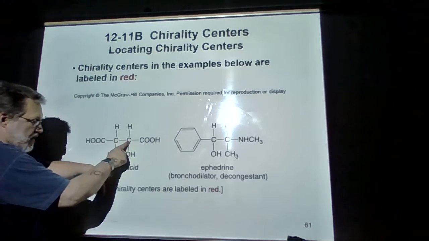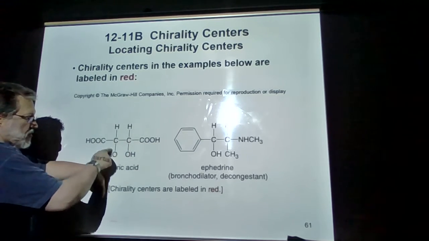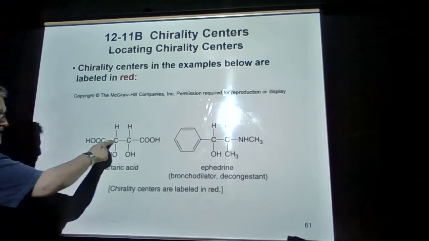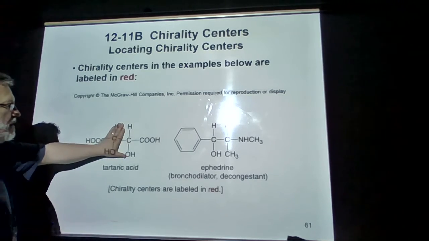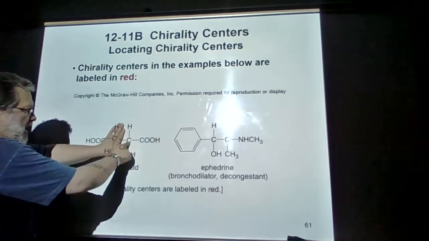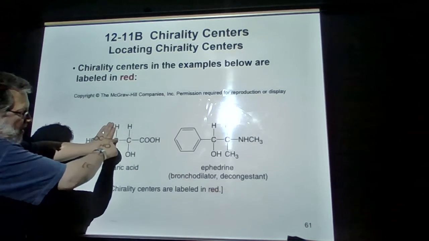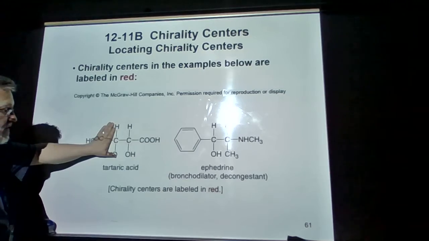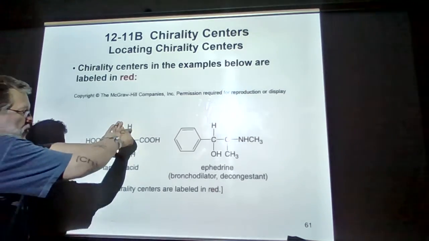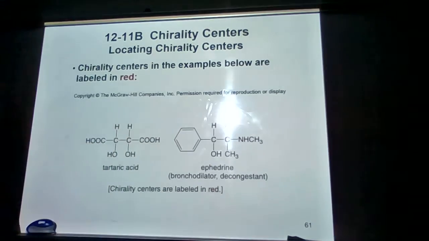No, it's just a carbon. So there are 1, 2, 3, 4 different things bonded to that carbon. This carbon is bonded to an H, an OH, a C double bond OH. Is this another C double bond OH? No, it's not. This carbon is bonded to 1, 2, 3, 4 different things.